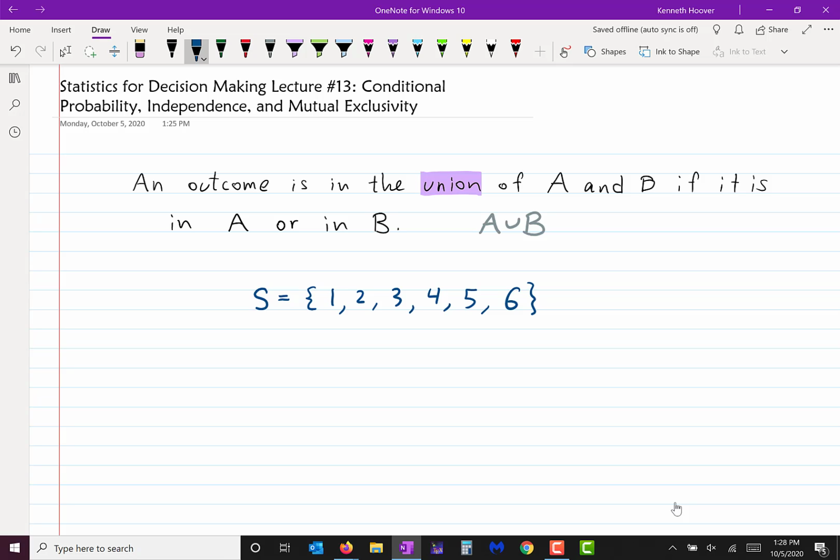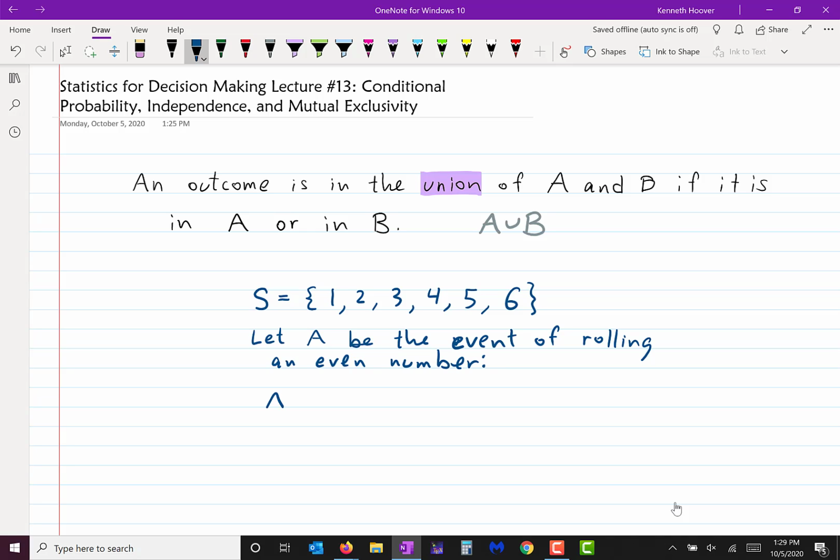So let's say that A is the event you roll an even number. Let A be the event of rolling an even number. Let's write that down.